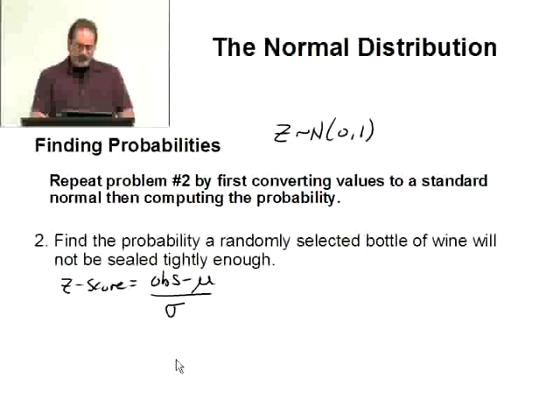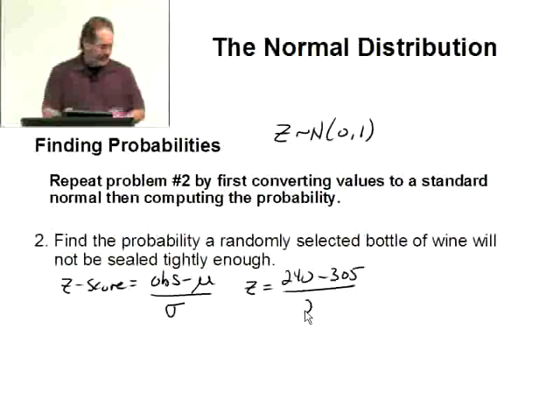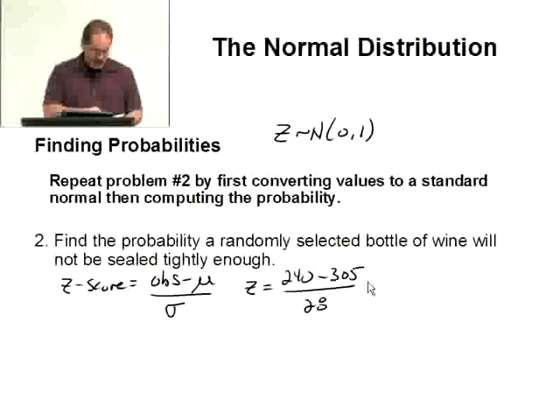So, find the probability a randomly selected bottle of wine will not be sealed tightly enough by converting to a standard normal first. Well, not tight enough was 240, right? So z is going to equal 240 minus the mean, which is 305, divided by 28. I'm going to grab my calculator because I don't know what that number is off the top of my head.